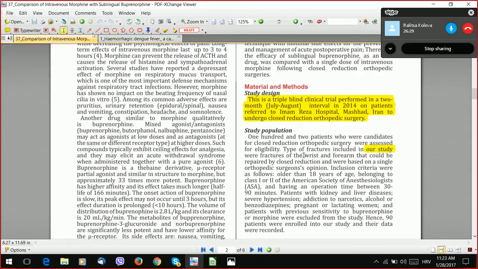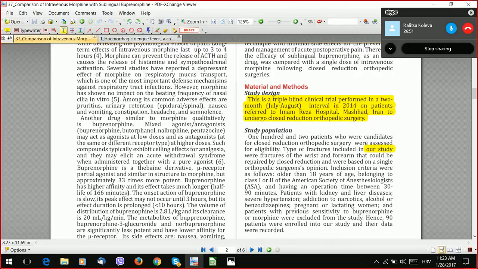So the type of fractures included in our study were fractures of the wrist and so on and so on. So all these indicators are showing you that there is an existing author-patient relationship. So the authors conducted this study. This was their own study.